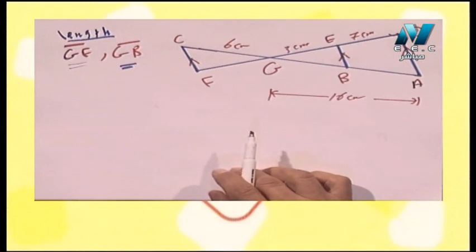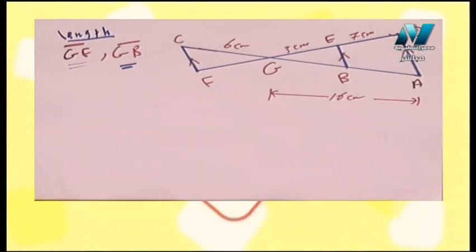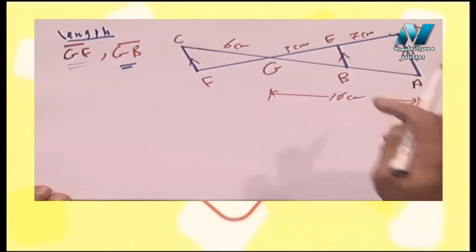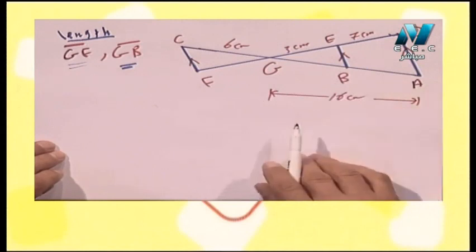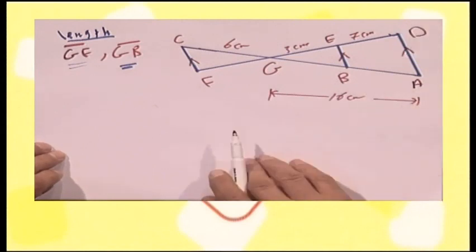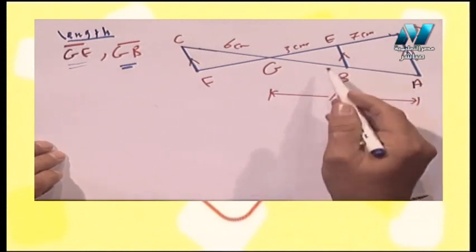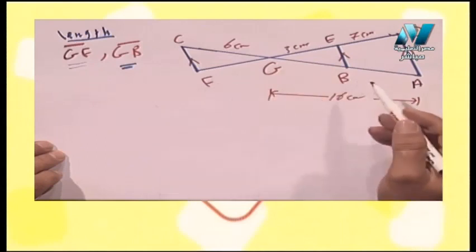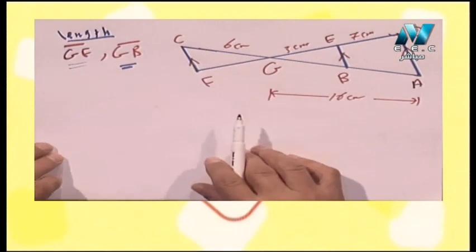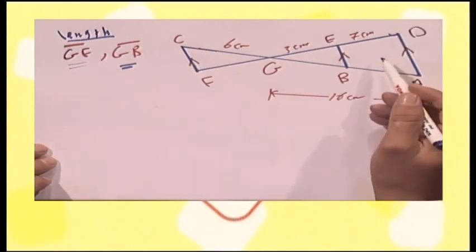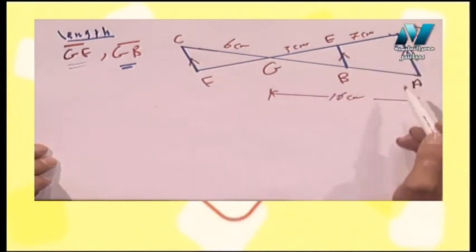We can use our theorem, which we talk about today. Here we can use it to find GB first, or BA, and after that we can use these two triangles. So we have EB parallel to CF. Okay, let's first use this part, GDA.